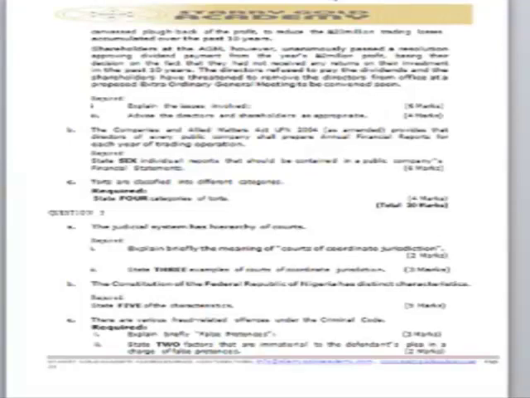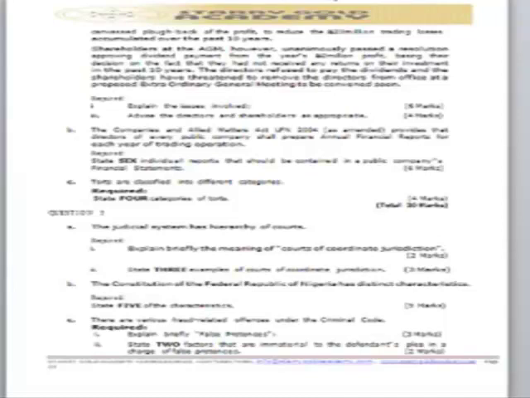They are only allowed to reduce it, but not to increase it. But where directors don't declare, there is nothing they can do anyway. So that is the position of the law. And the second aspect says, advise the directors and shareholders as appropriate. So you have to advise them.